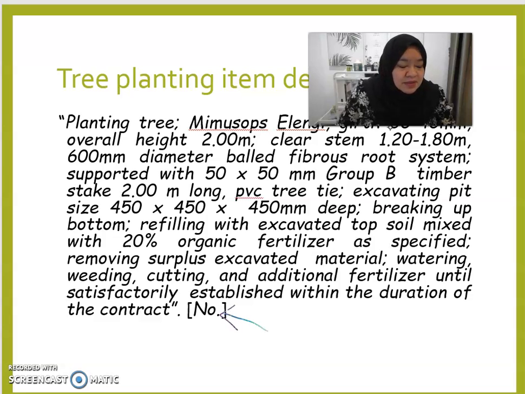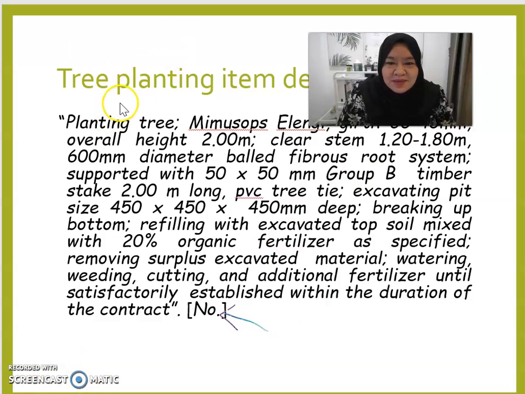Each type of plant shall be given separately, stating the botanical name. So you need to have the botanical name of the tree, the size, the root system, the girth, the height, and the clear stem. Any requirement for watering, weeding, cutting, support, ties, and temporary fencing and the like shall be stated.